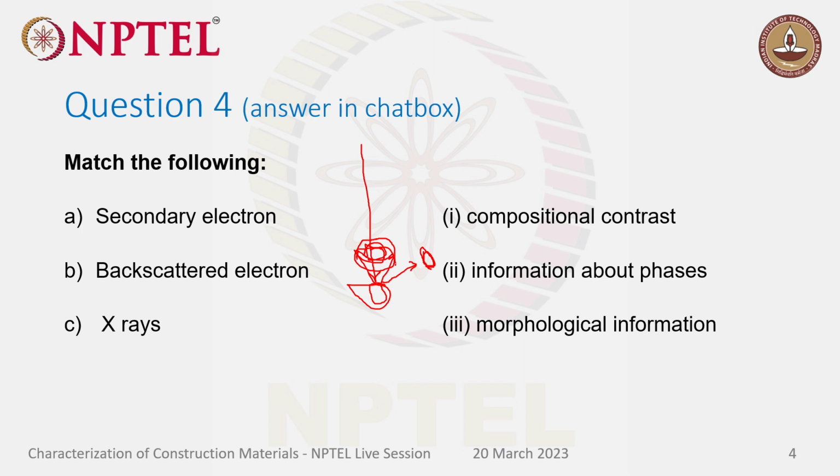Along with this there will be an EDX analyzer, energy dispersive X-ray spectroscopy, kept separate, because the interaction also gives rise to X-rays, which will be absorbed by the EDX analyzer. So with secondary electrons what will be measured, with backscatter electrons what can be observed, and with X-rays what can we observe?